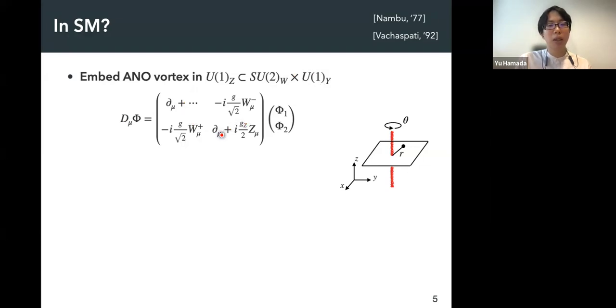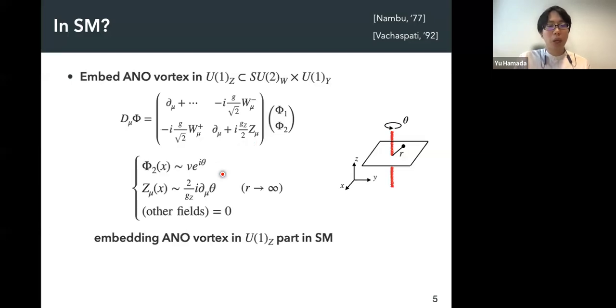We can rewrite this covariant derivative here, and actually we can consider an embedding of the Nielsen-Olesen vortex into this U1Z part. That means we can consider a winding configuration on the lower component of the Higgs doublet, and let's embed the gauge field configuration into this Z gauge boson here, like this. And then the other fields are set to 0.